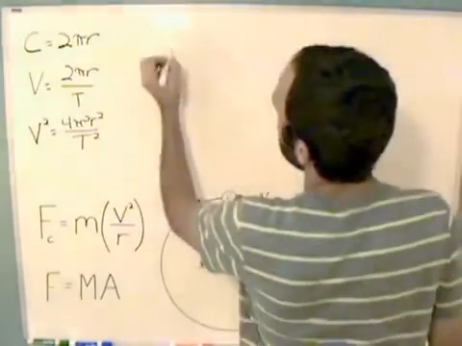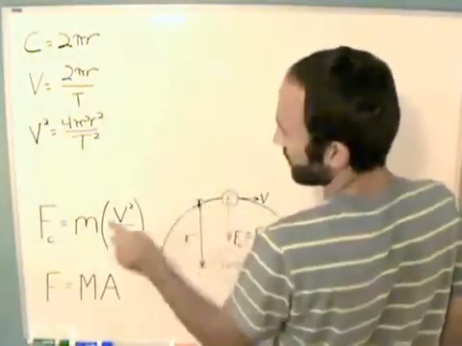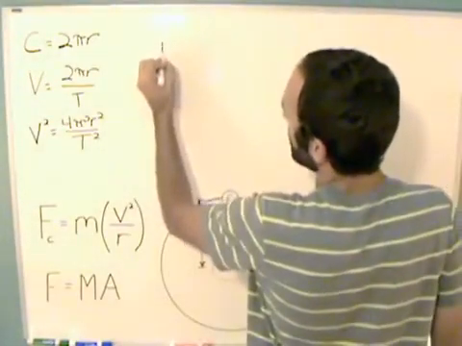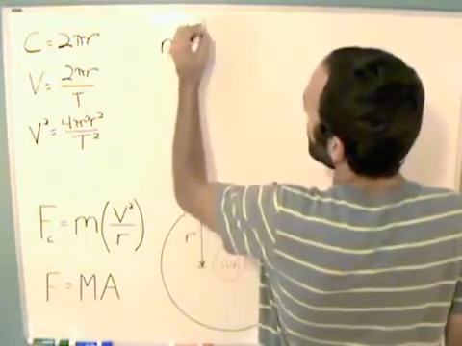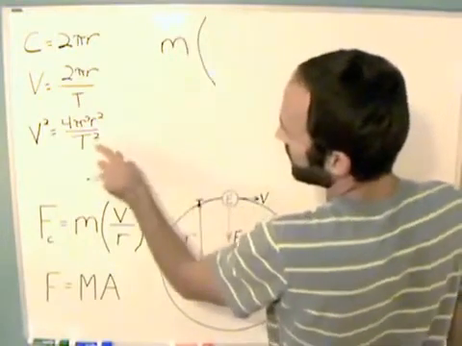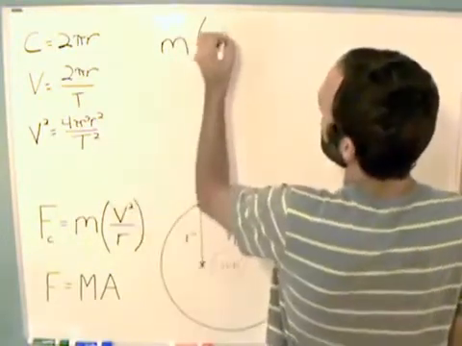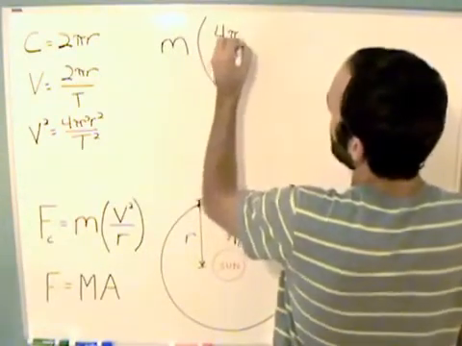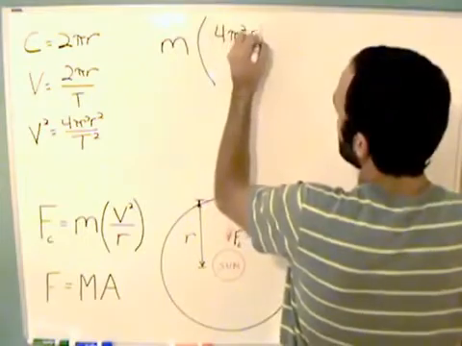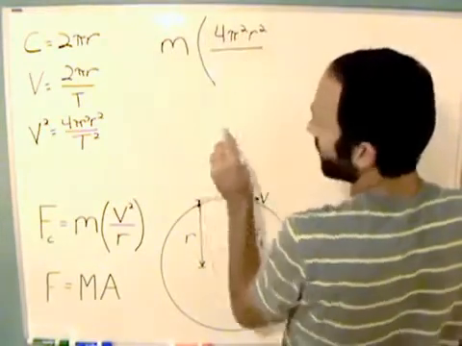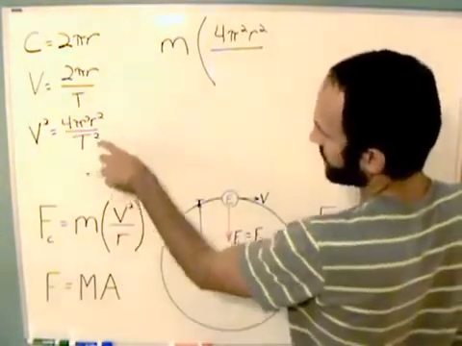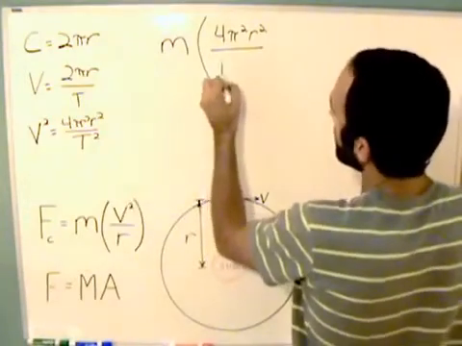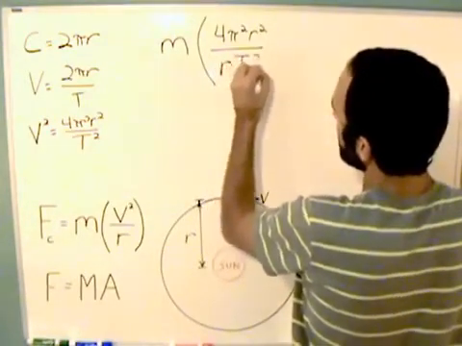Okay, so going back to that original equation, we can write the centripetal force equation now with that original relationship. We can substitute this for V squared, and that'll give you 4 pi squared times r squared over r, because r was still on the bottom, and this T squared comes down here, over r times the period squared.